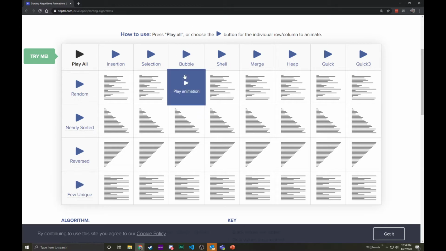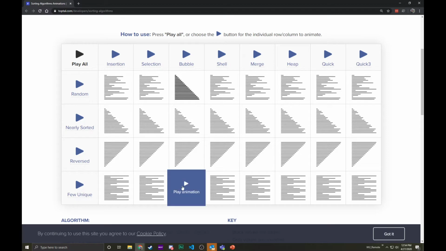For example, with bubble sort, I can play each animation and it'll run through bubbling up through our array. That's our random starting set. The few unique set has a lot of elements that are the same value. It looks like four different values, but they're all over the place.